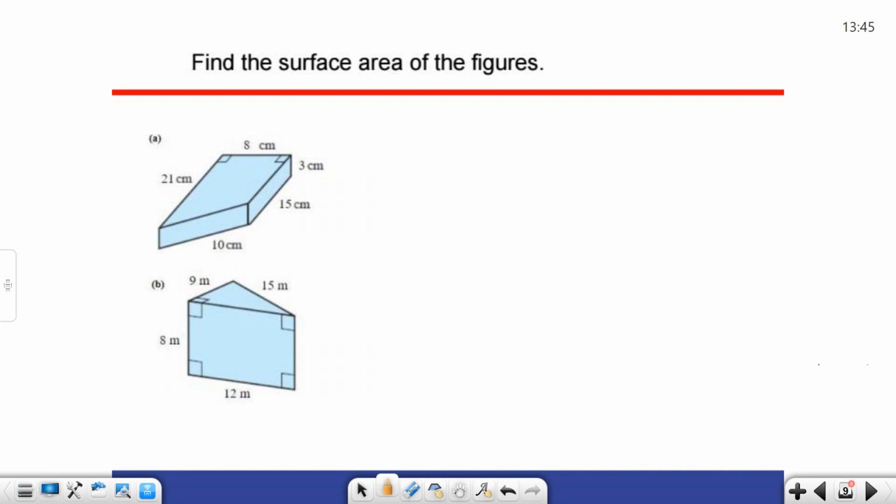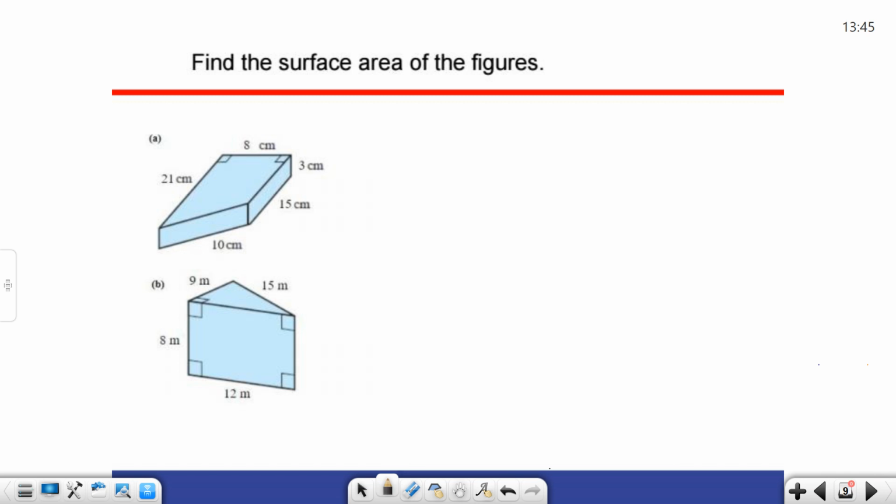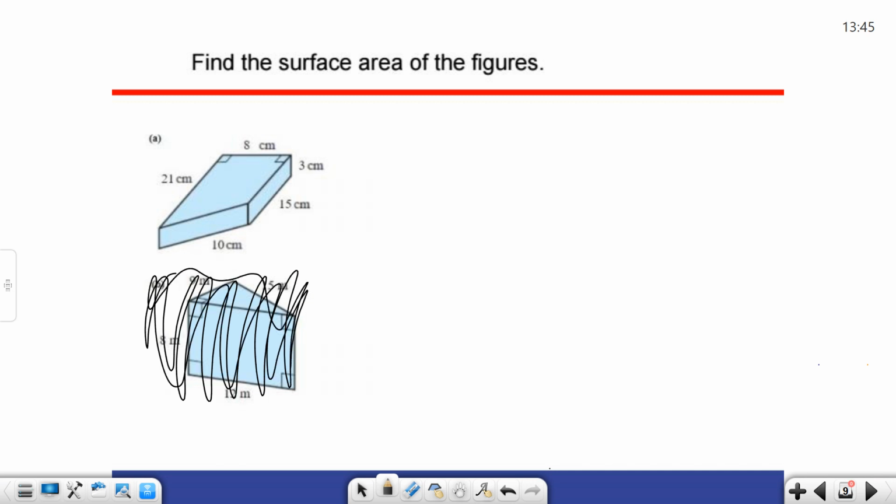Unfortunately there are 2 figures here. We're just going to do one at a time. Okay, so we're going to do this one. I ask you to find the surface area of this particular figure.